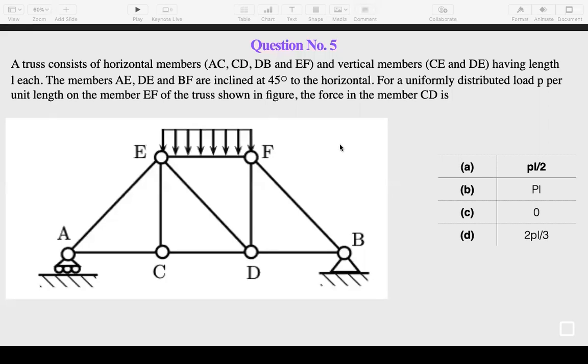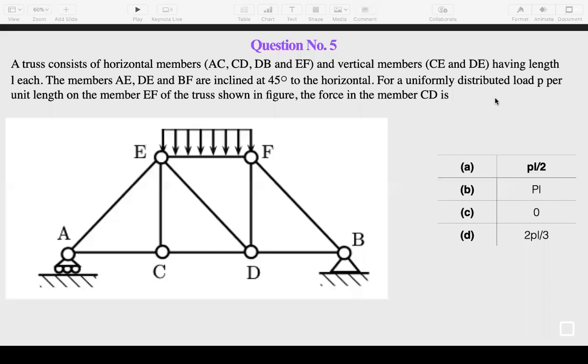Before solving this problem, I will give some important things which are required to solve problems related to trusses. Now we know that a truss consists of members, and we assume that the loads are applied at a joint. But in this case, they have mentioned the load is applied on the member.